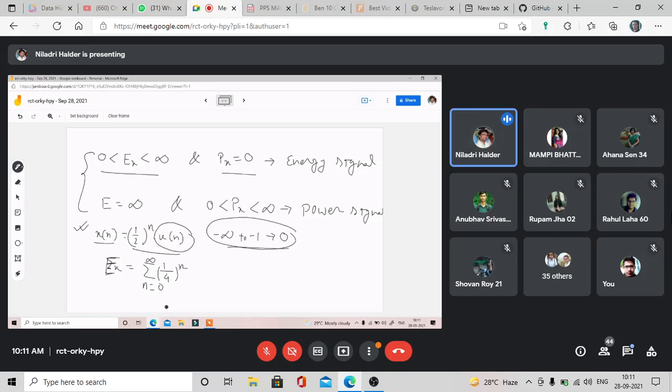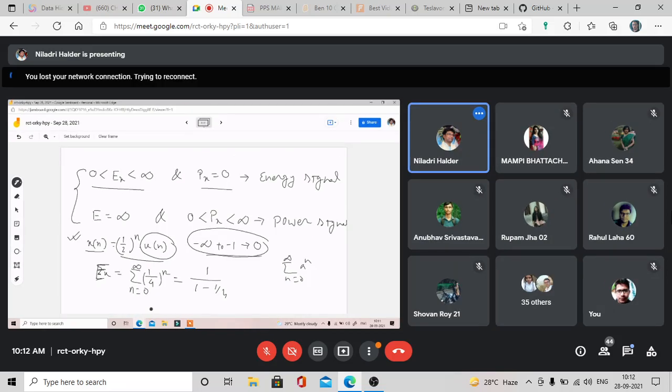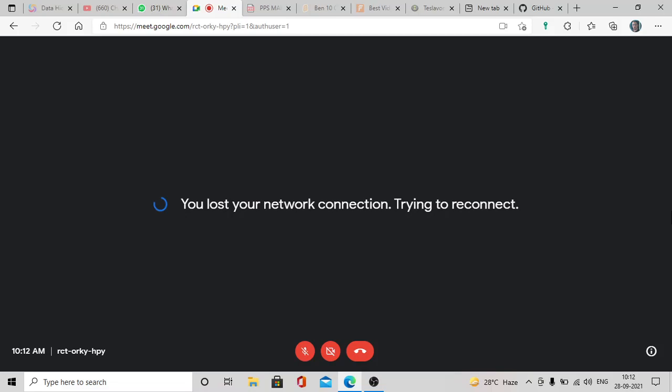So simply that is summation of 0 to infinity a to the power n. The formula all of you know is 1 by 1 minus a. Here a is 1 by 4. You should know this type of formula.